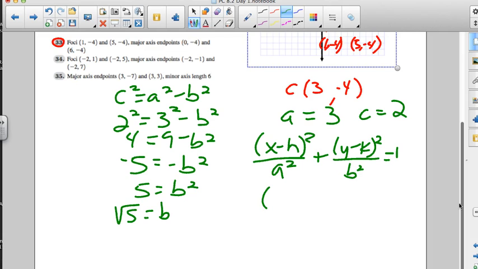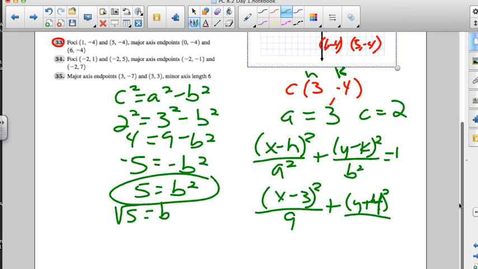We know our center, and the center is always h and k. So (x minus 3) squared over, we know that a is 3, so a squared is 9. We know that our k value is -4, so y minus a -4 will be (y plus 4) squared, all over, and then our b squared. We really could have stopped at that. If we're not graphing it, we didn't need to know that b is the square root of 5.